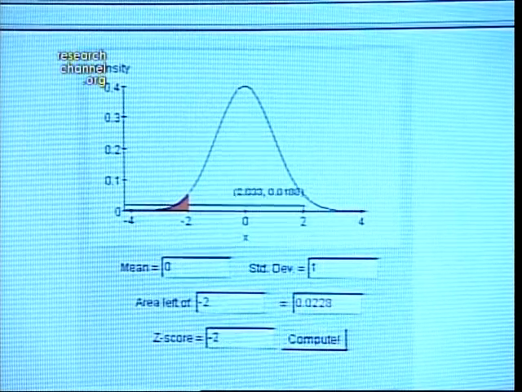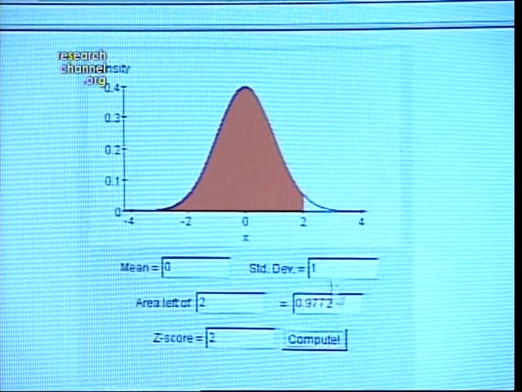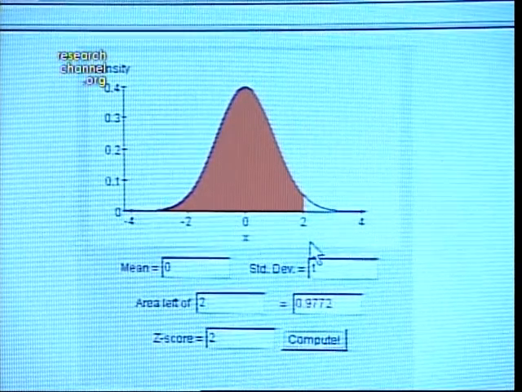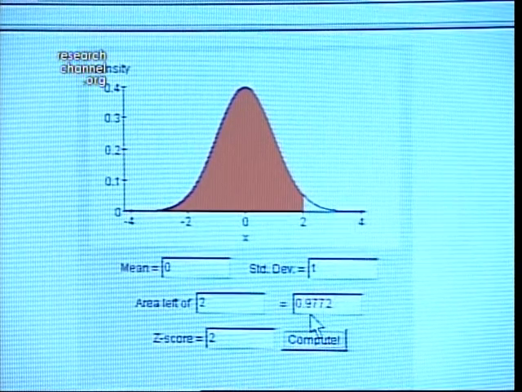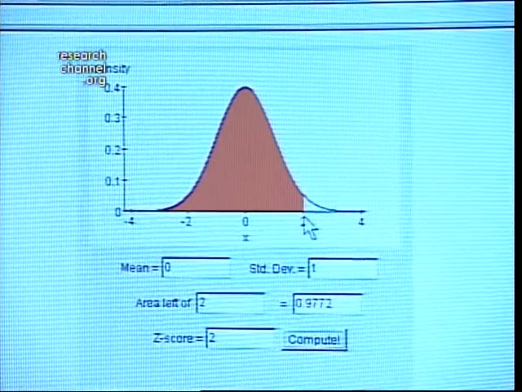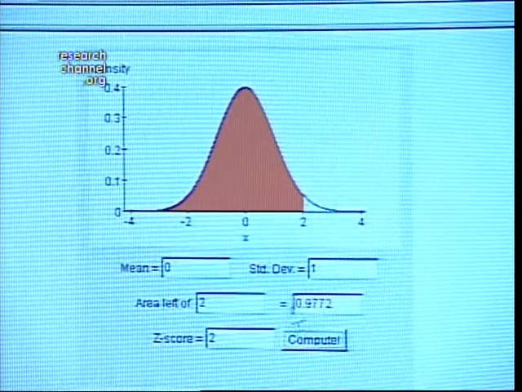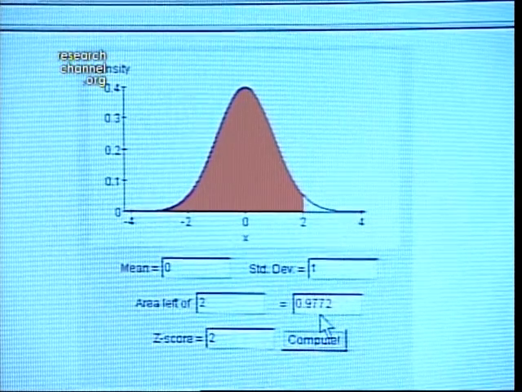The probability of a z-score of 2 or something less is everything shaded to the left of 2, and that probability is 0.9772. By default, the probability that z is bigger than 2 is 1 minus this, 1 minus 0.9772.